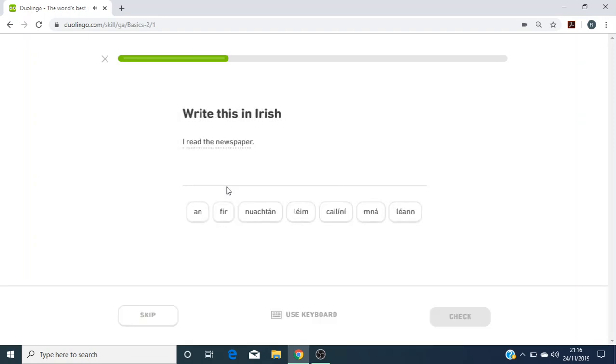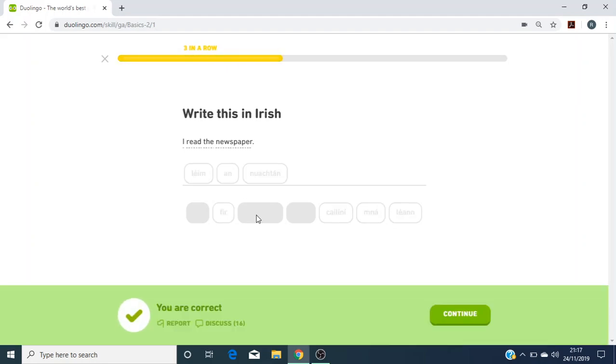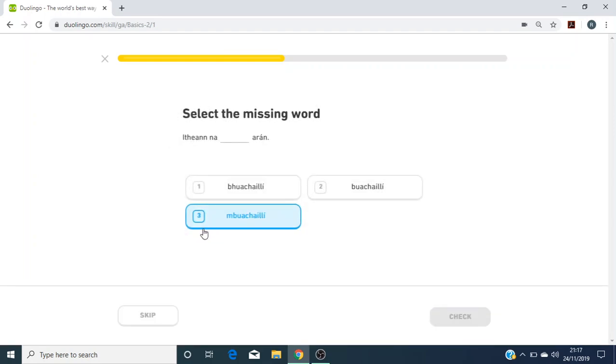I read the newspaper. Léim is I read, and the newspaper is an nuachtán. There we go. Why is this not speaking much? Ithean na something arán.